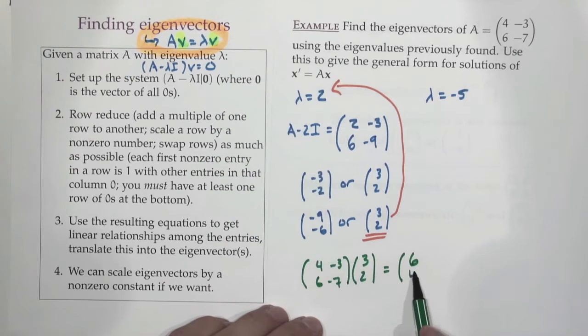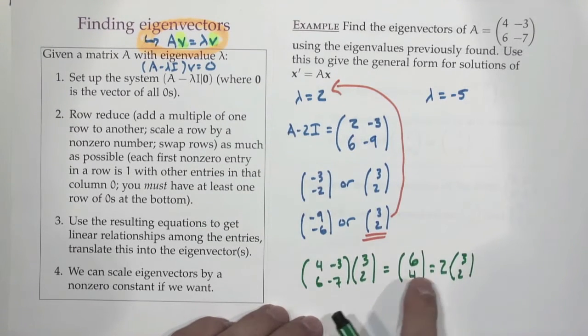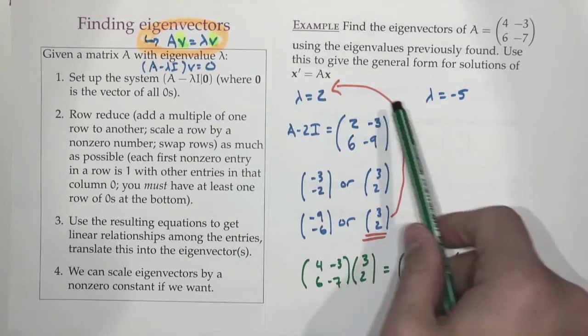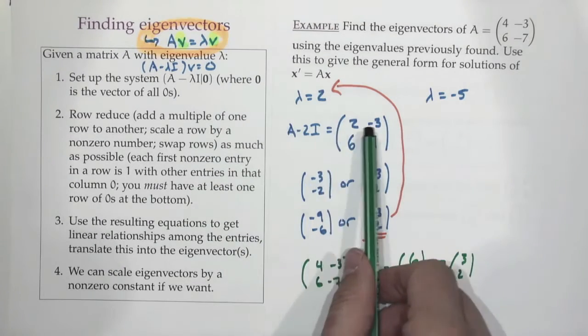It's 4. And notice that this is 2 times [3, 2]. So when I take Av, it's lambda v. So we know it worked. All right, so you see the relationships.